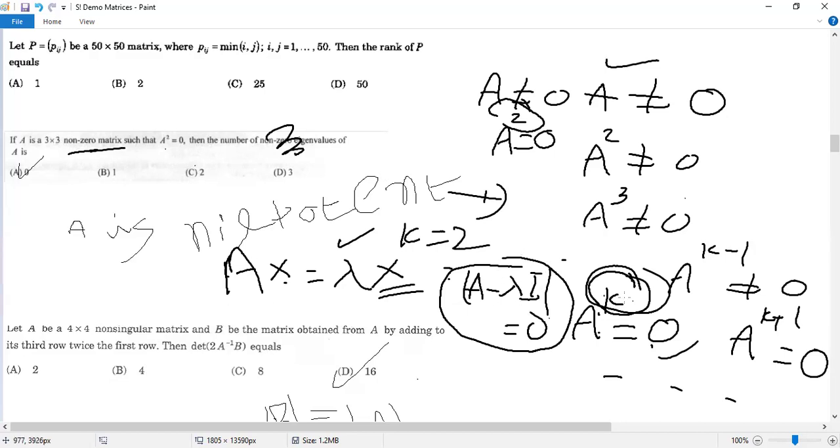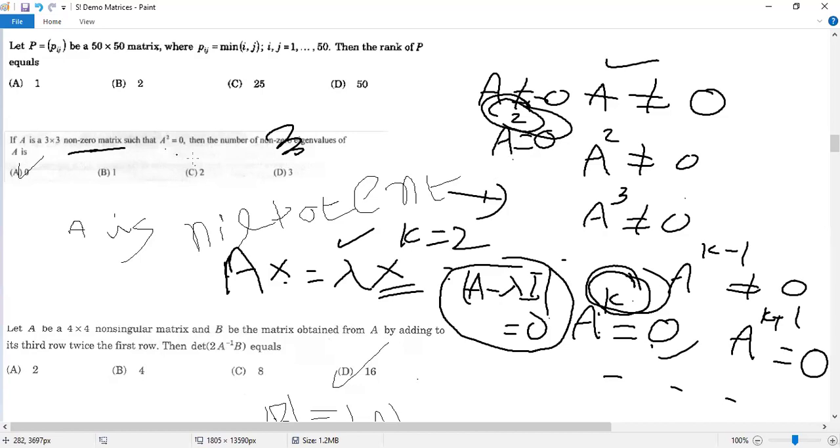Some students may be thinking that because it is index 2, 2 eigenvalues will be 0, and if it is index 3, 3 eigenvalues, or because the order is 3, 3 minus 2, 1 eigenvalue will be 0. Those are intuitive ideas. But the shortcut is, for a nilpotent matrix, all eigenvalues will be 0, whatever the index may be.